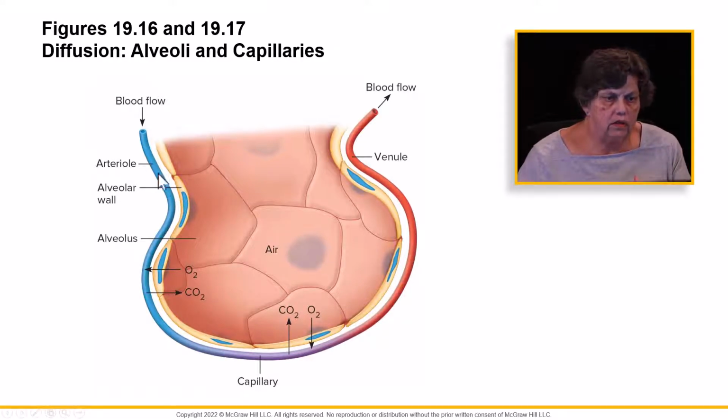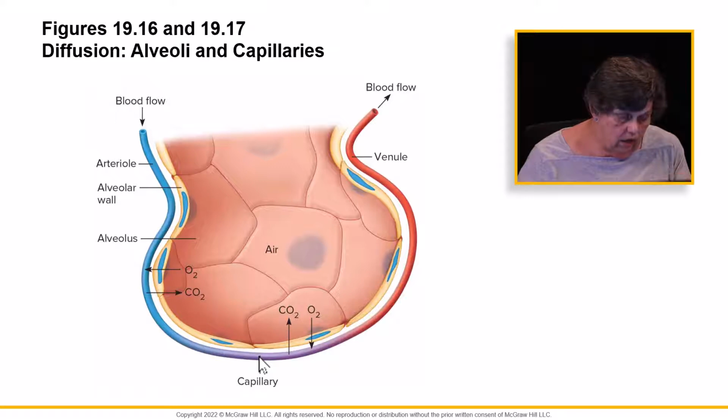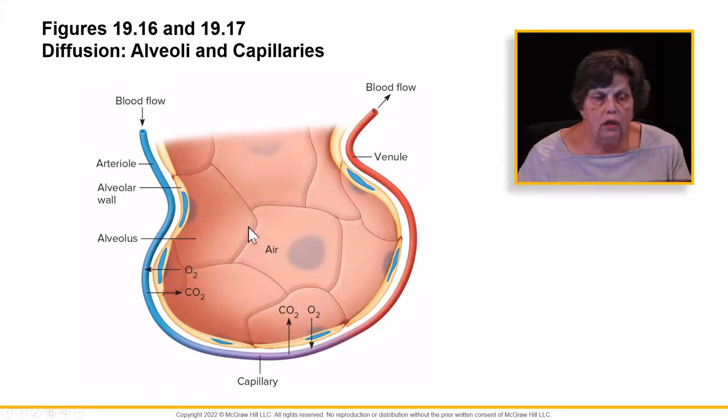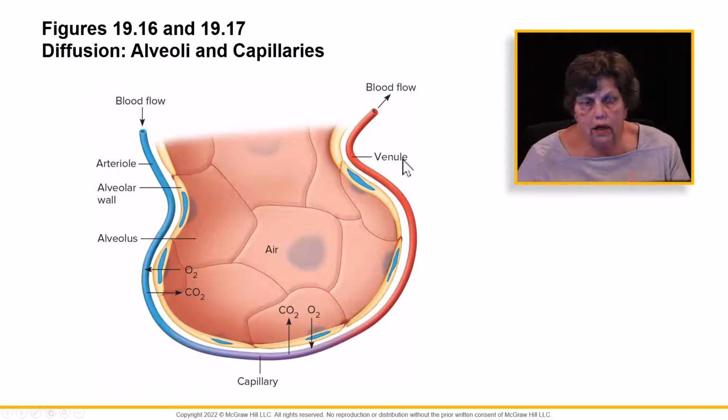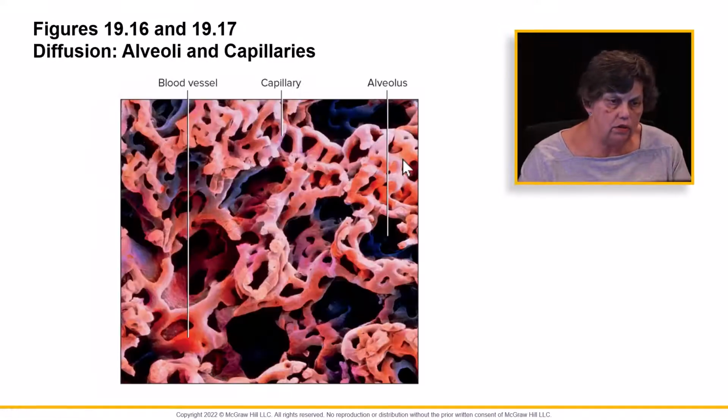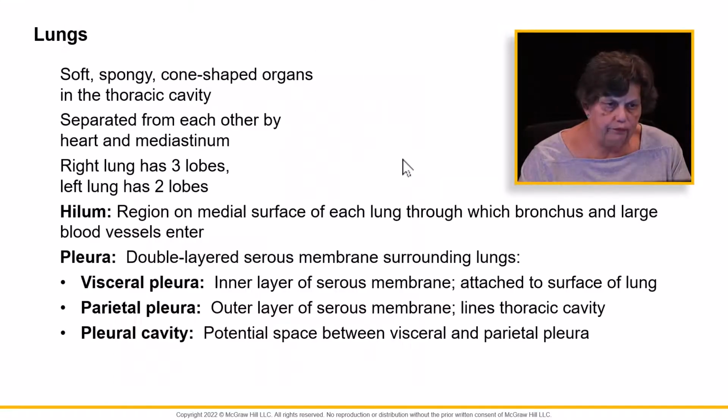So this is the pulmonary artery coming in, and the O2 is low, the CO2 is high. We're going to talk about this, and it just moves by diffusion. Then we pick up oxygen and off gas, and by the time you go out the pulmonary vein, you're high in oxygen and low in CO2. You can see that picture.